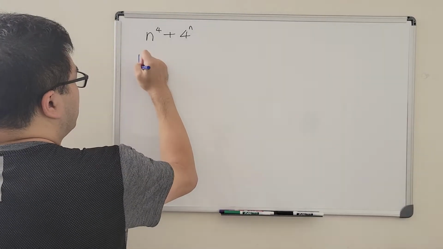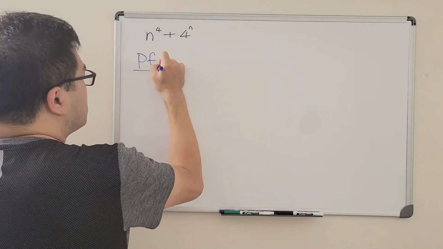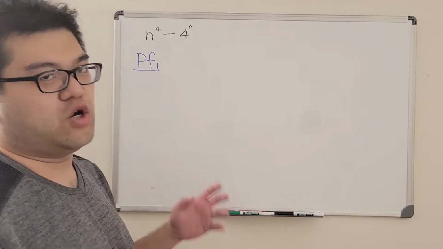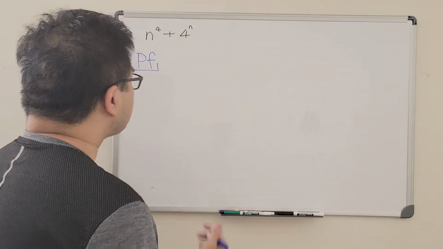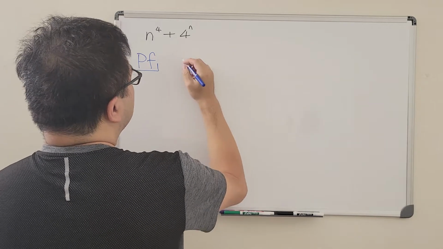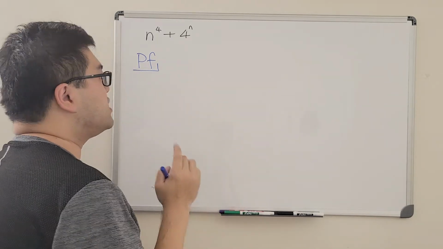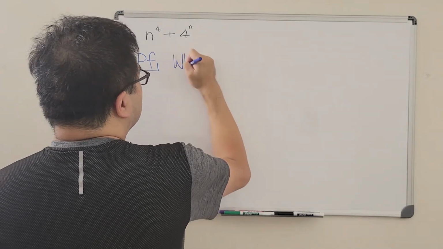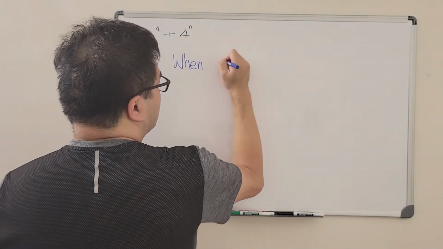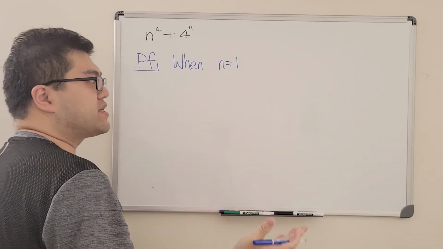So here comes our actual proof to show that n equals 1 is the only solution for our problem. First, we're going to separate this into 3 different cases. Let's show that n equals 1 works first, which is the easiest case.